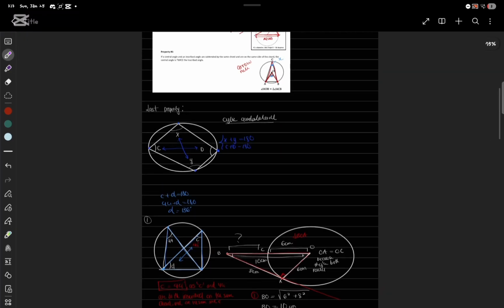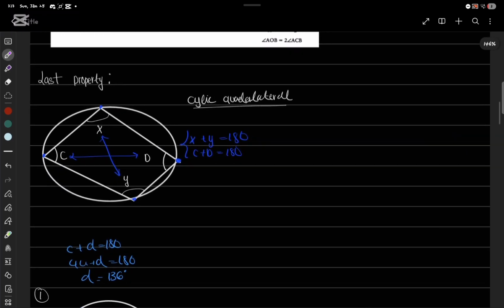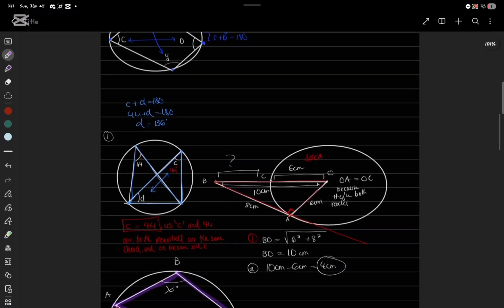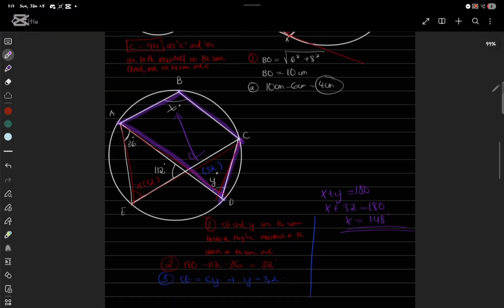Well, if we go back, it says that angles opposite to each other in a cyclic quadrilateral add up to 180. So X and Y are opposite, right? So X plus Y equals 180. You got X plus 32 equals 180, so X should be 148 degrees.